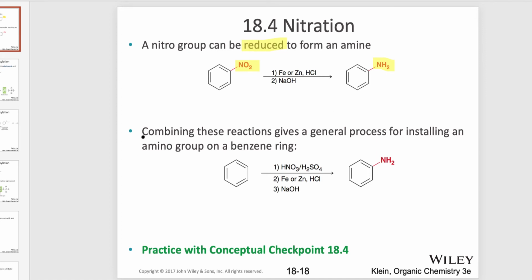So as we combine these reactions, we basically now have a process to go from our hydrogen. So one of these hydrogens is being replaced. We just line up all the conditions. This is the nitration reaction, the reduction and workup under basic conditions, quenching the acid here as well, or neutralizing the acid. And that now installs an amino group.